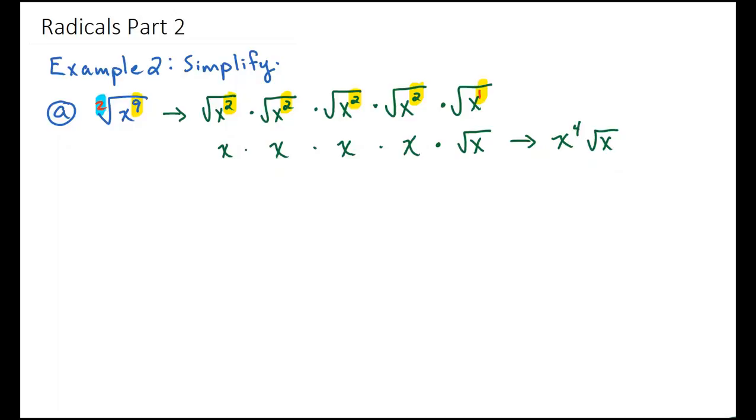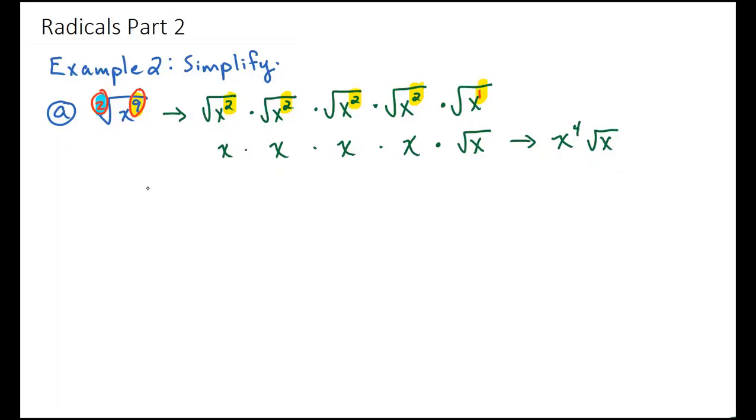So this will be the general process when we are simplifying variables that have exponents attached. We look at the index and ask ourselves how many groups of that size can I get out of the exponent. And the math operation that's happening in your head when you're asking that question is division. Division is the thing that breaks things into equal groups.